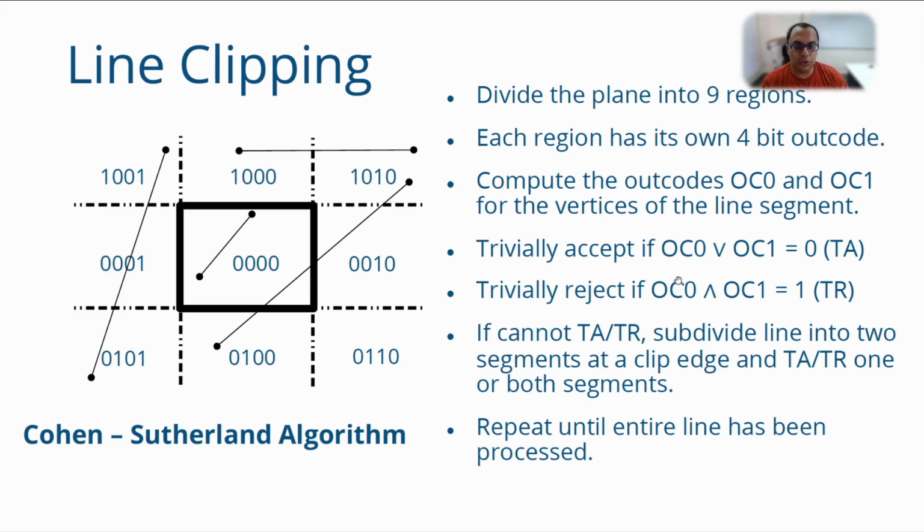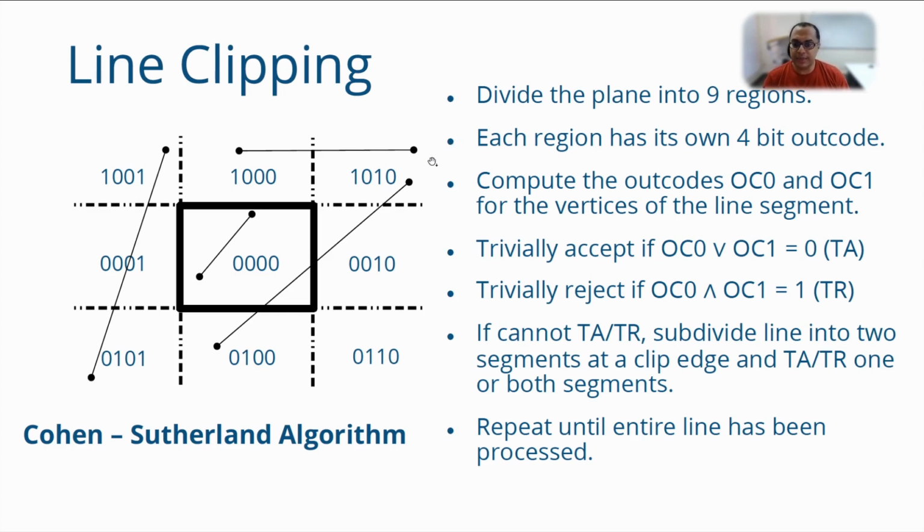So you cannot trivially reject the line, because to do a trivial rejection you need the bitwise AND to return you something that is 1 in at least one of the bits. Okay, so as a whole the number is non-zero. So since that is not the case, you cannot trivially reject the line.